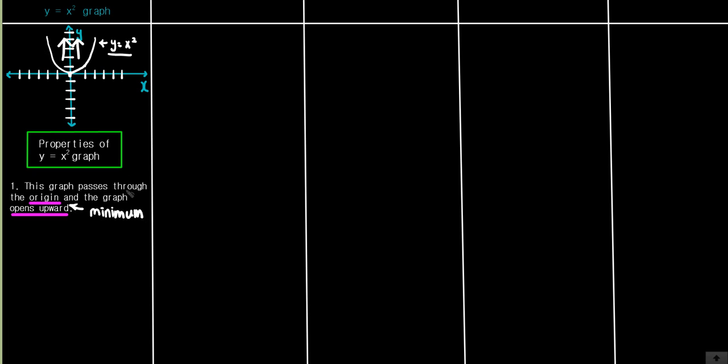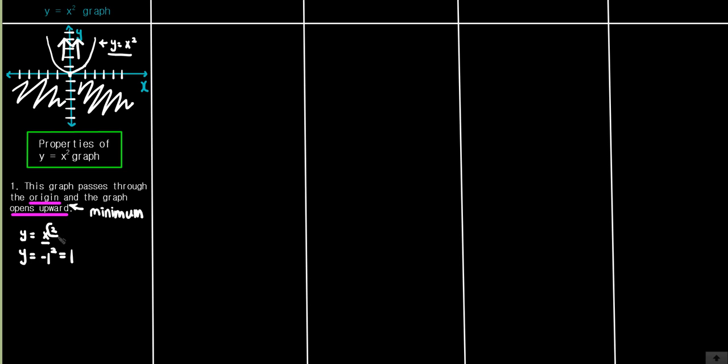The reason is because there won't be a negative y value. Let's say we input negative values. So for y is equal to x squared, let's input the value of negative 1 to the x value. If we input negative 1, we will get y is equal to negative 1 squared, which will still give us 1.